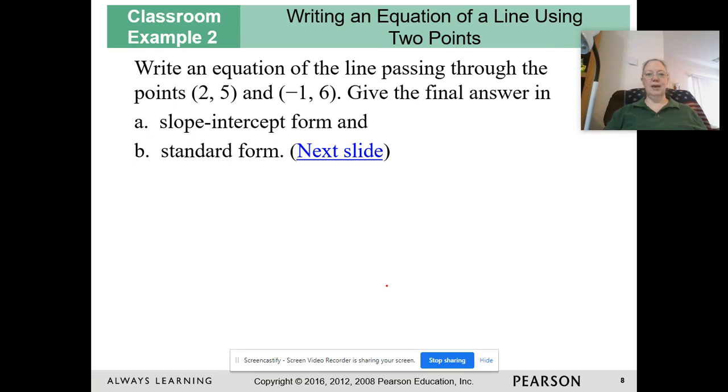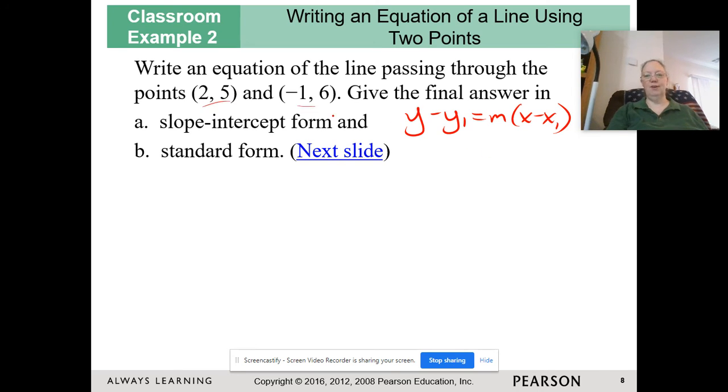Okay, so let's suppose instead of them giving us the slope, m equals whatever, and a point, they instead give us 2 points. Okay, so we're given 2 points. In order to be able to use point slope form, we need a point and the slope.